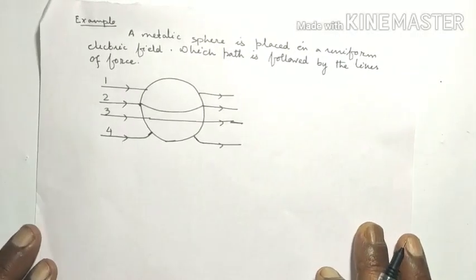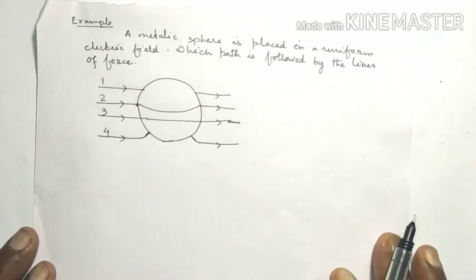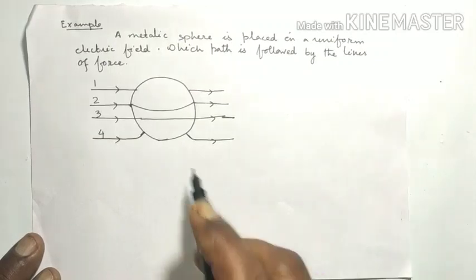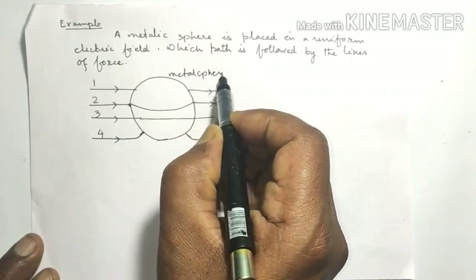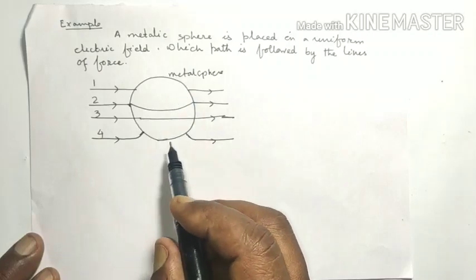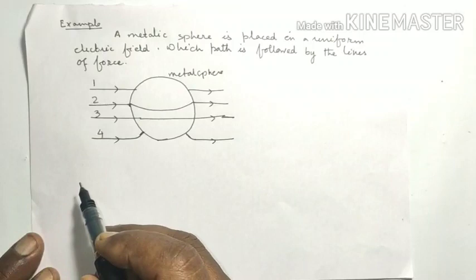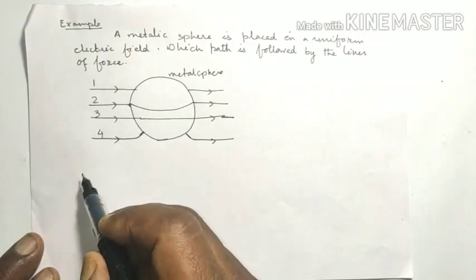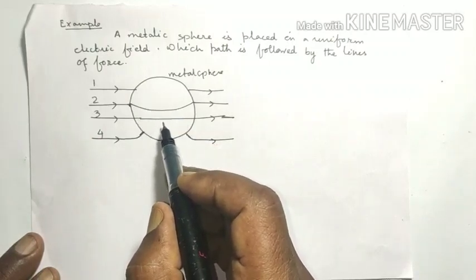Let us discuss some examples. A metal sphere is placed in a uniform electric field. Which path is followed by lines of force? This is a metal sphere and it is a conductor. In a conductor, the lines of force meet its surface normally, and inside the conductor the electric field is 0.